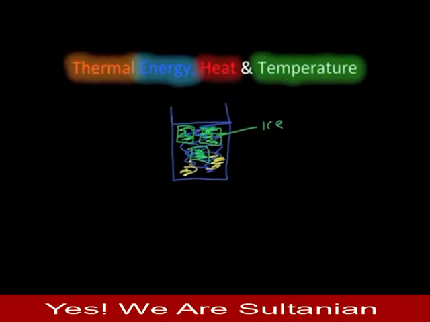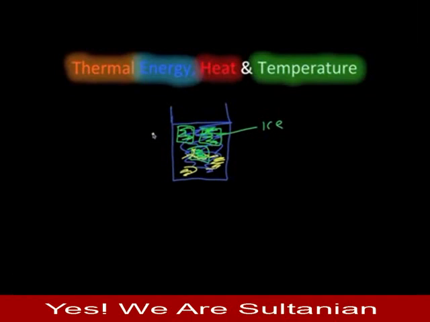They cause the ice cubes to melt because the ice cubes are now absorbing the kinetic energy of the warmer water, and that's causing the molecules that make up the ice cubes to start moving faster and faster and faster until it reaches a state of equilibrium or balance.